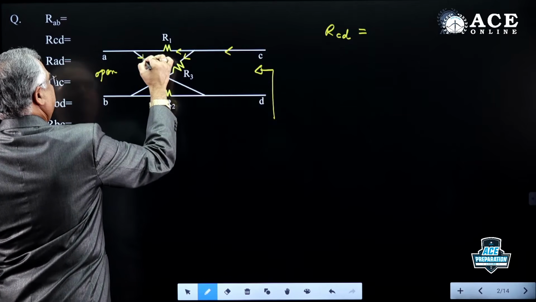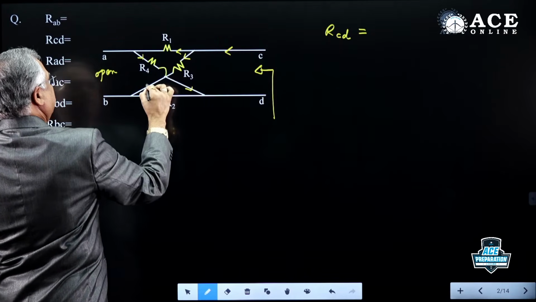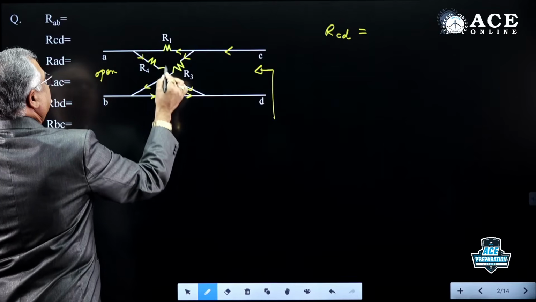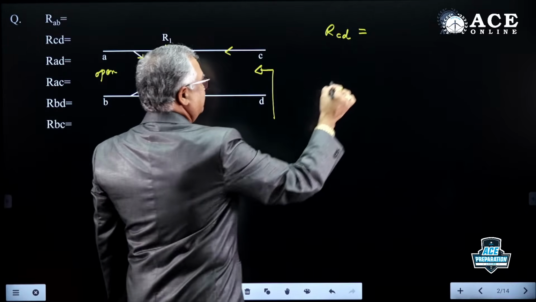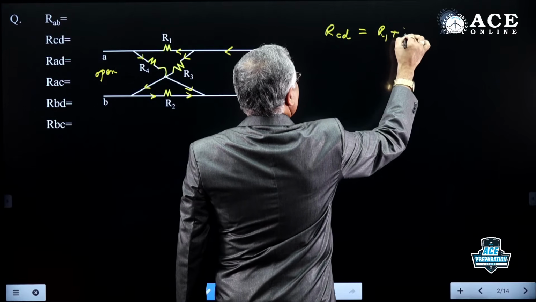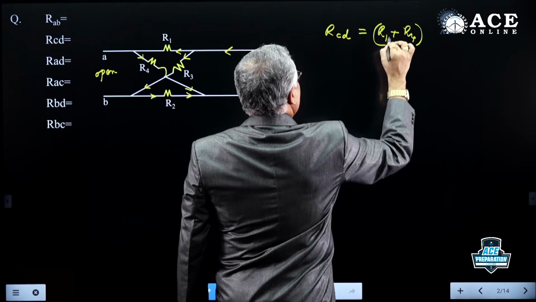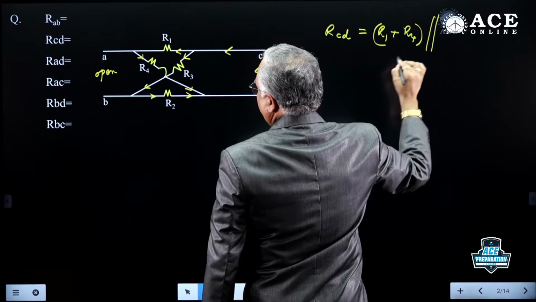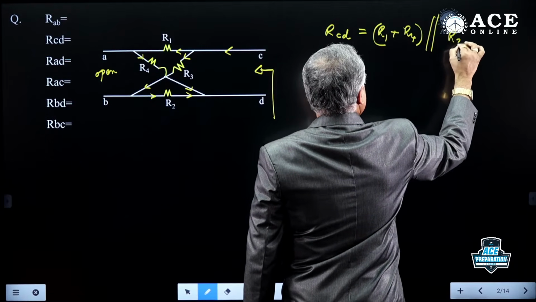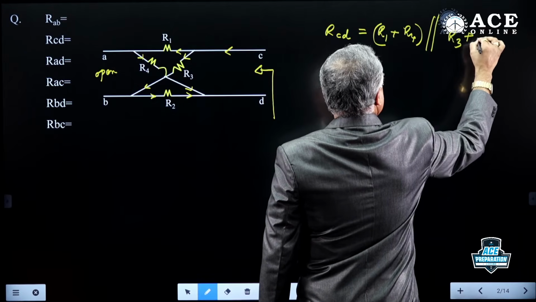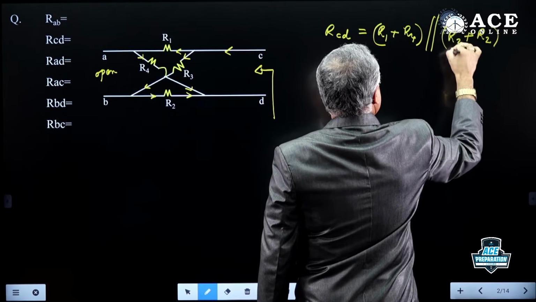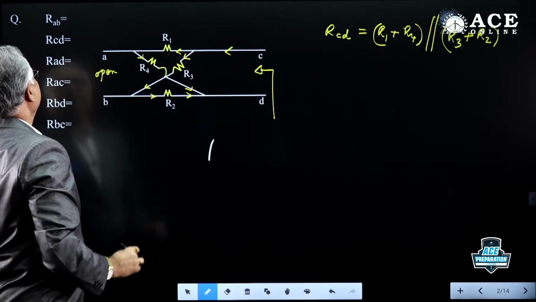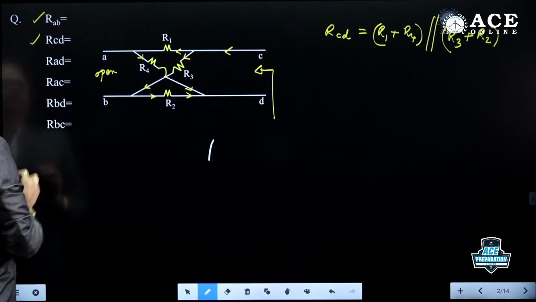This current comes here up to here, and this current is flowing like this. So it divides here and combines here. So R1, R4 series. R1 plus R4, which is parallel with R3 plus R2. This is RCD. So these two are done.